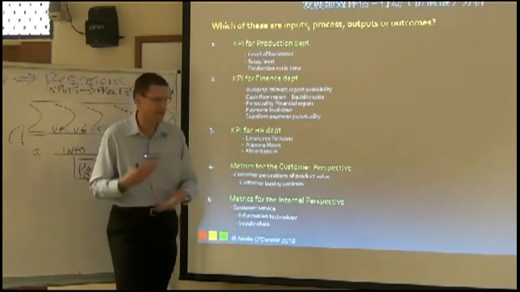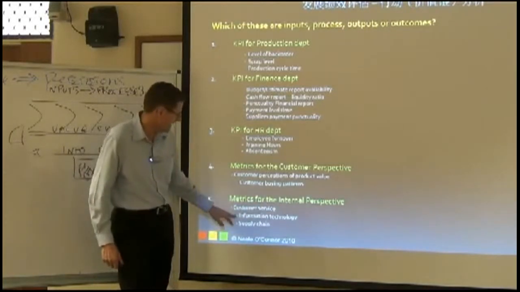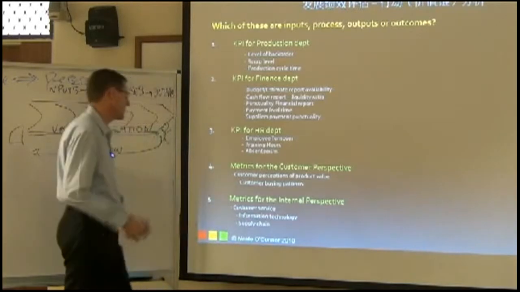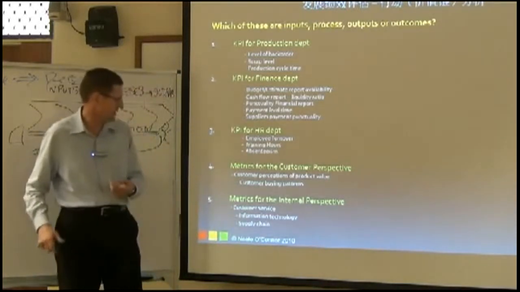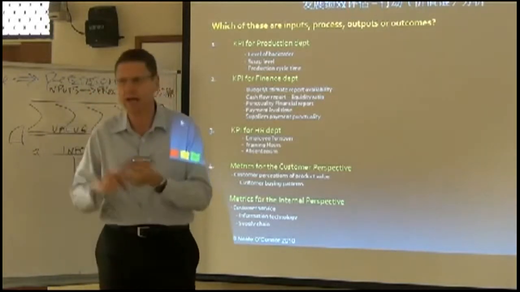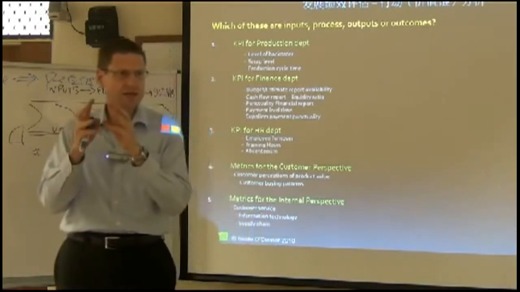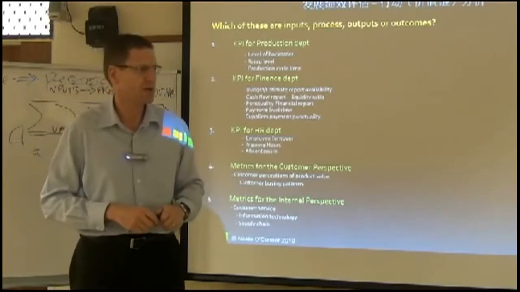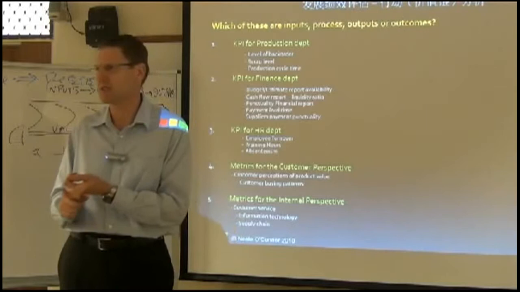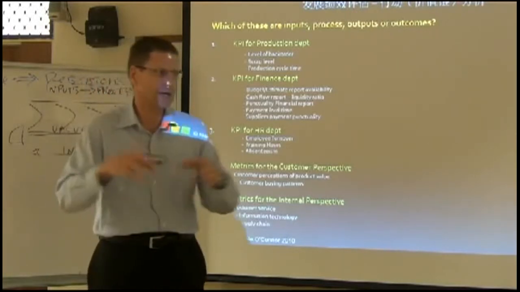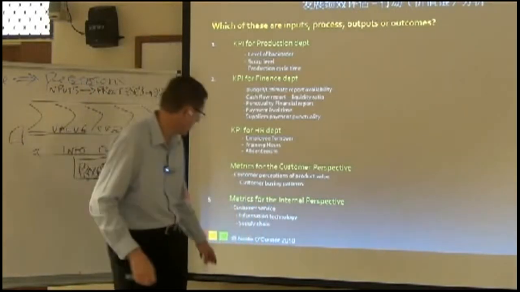What about information technology? Input, process or output as part of that customer service function? Input, okay? You've got the customer relationship management system. So it's tracking customers, things like that. You've got that.